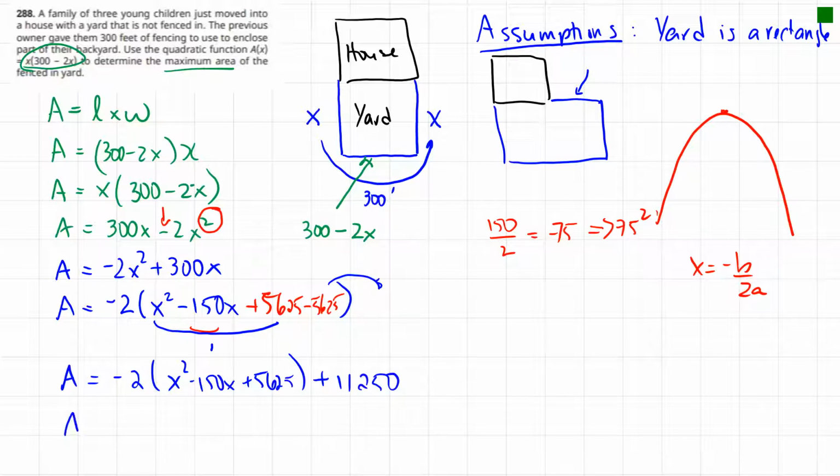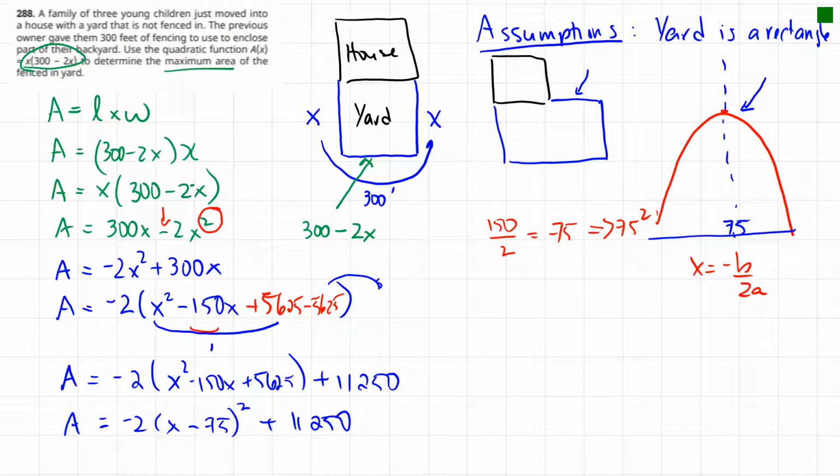Now factoring the bracket, I get x minus 75 times x minus 75, so I write it as x minus 75 squared plus 11,250. So that tells me that the vertex is at an x value of 75, because it's moved to the right 75, and up 11,250.